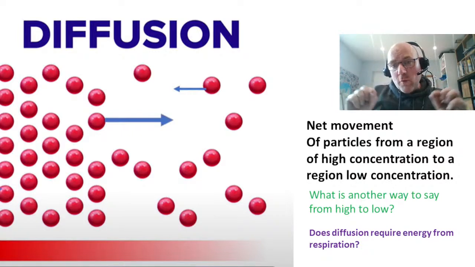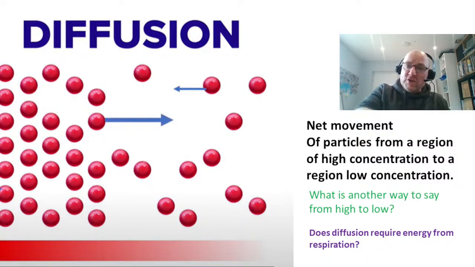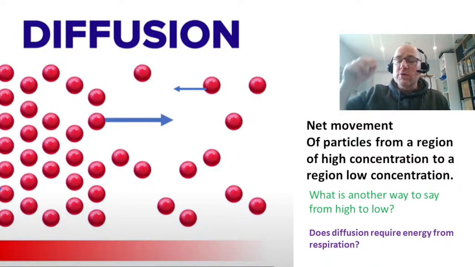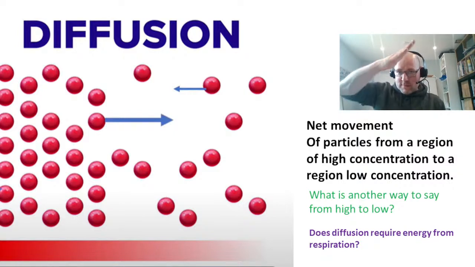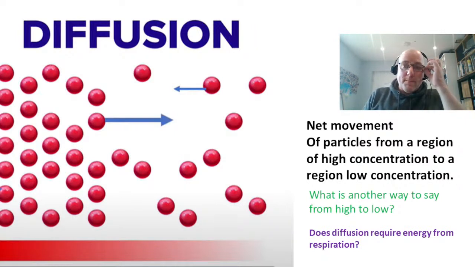It's the overall movement, you can say overall or net movement of particles from a region of high to a region of low. If you don't want to say high to low, you can say down a gradient. Down a concentration gradient means from high to low. And it's passive. It doesn't require any energy from respiration. It just uses the natural energy the particles have.